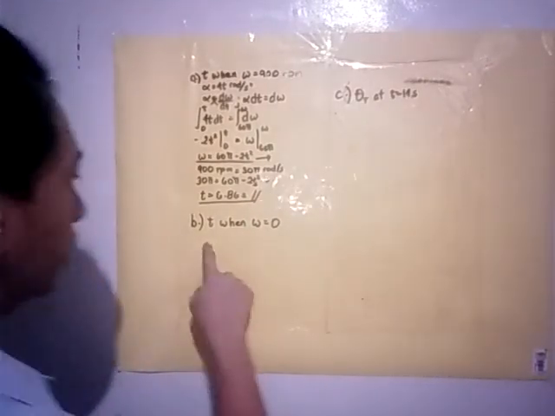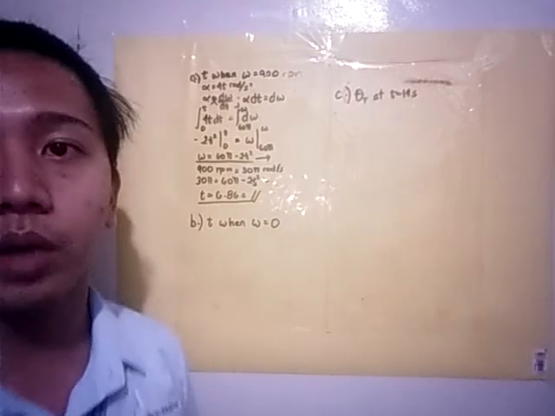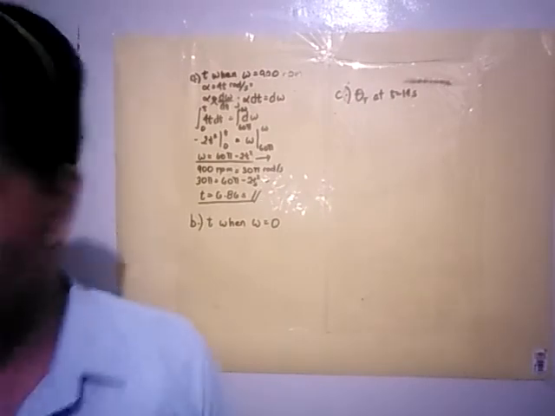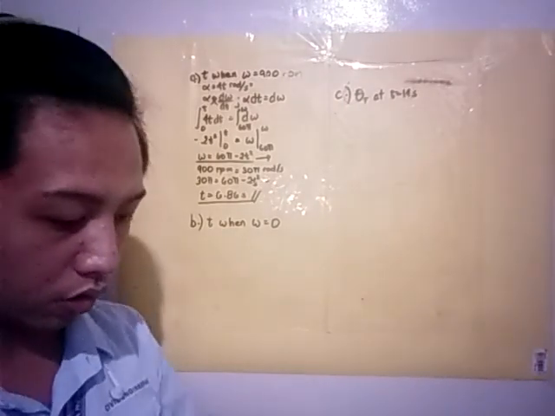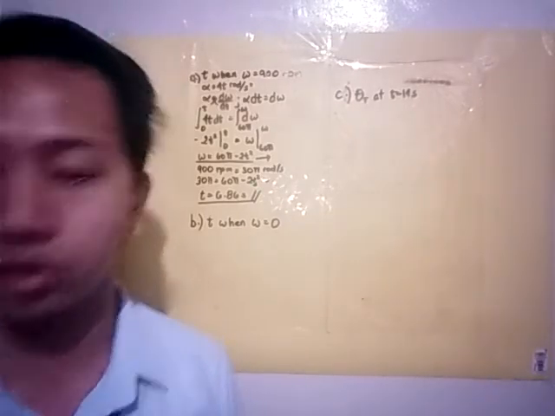So, the second one, the time required when our angular velocity is 0. Why angular velocity? Because the question here is the required time for the wheel to reverse its direction of rotation.